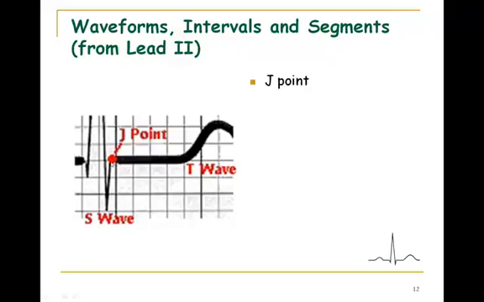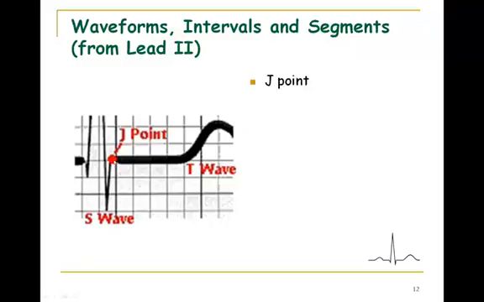So even if we've got something wrong, like for example injury in the myocardium, which we'll be showing you, where we may have some abnormal current flowing through the heart, at this point there will never be current flowing, ever. This represents when the ventricles have completely depolarized. There's no net potential difference being measured. So this will always be baseline.